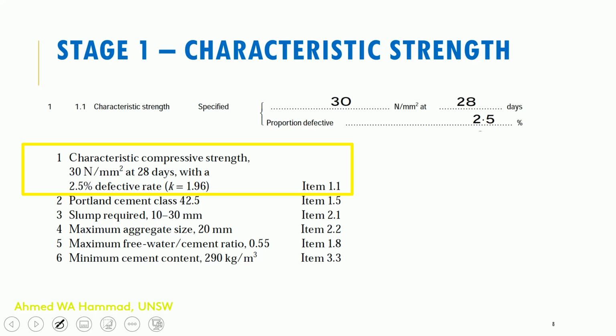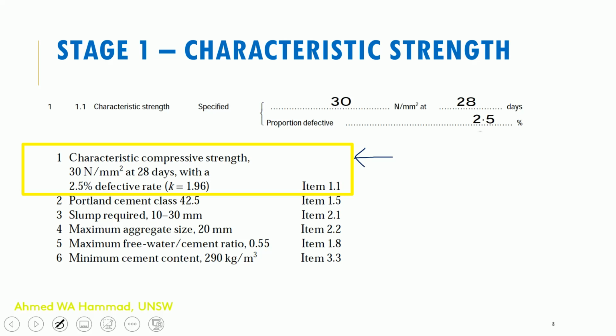Step 1.1 involves the characteristic strength, and this is information that's specified by the client. So if you look at the information that was provided to us by the client, you notice that the first point mentions that the characteristic compressive strength is 30 newtons per millimeter squared at 28 days.